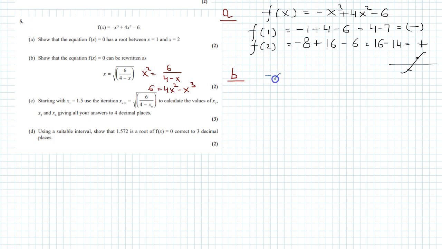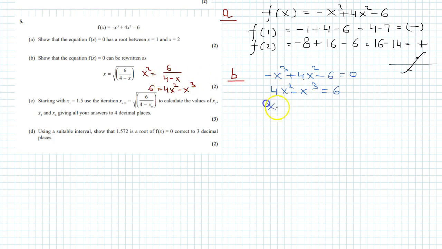So minus x cubed plus 4x squared minus 6 is equal to 0. Now I'm writing this only. I need not do anything. 4x squared minus x cubed is equal to 6. Now I'm writing this one.